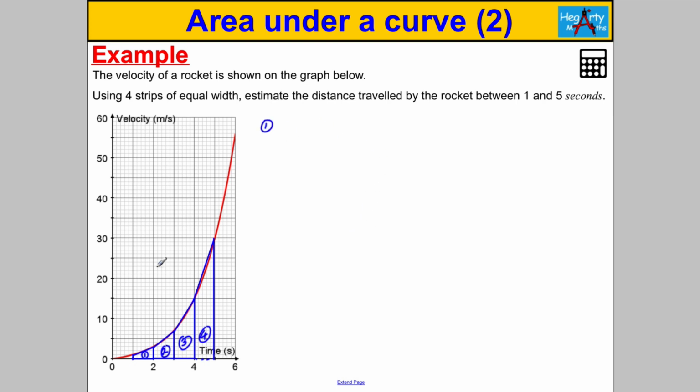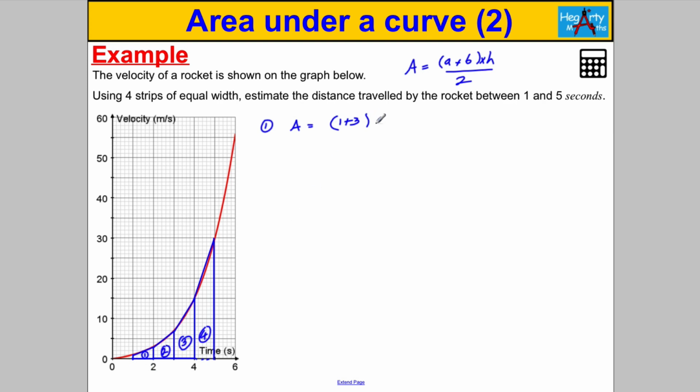So for number 1, remember the area of a trapezium, I'll always write here, is A add B multiplied by the perpendicular, the height that A and B are apart, divided by 2. So in this particular case here, this point looks 1 up and this point looks 3 up. So the area of 1 is going to be 1 add 3.